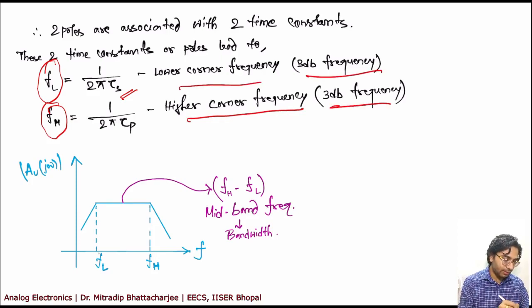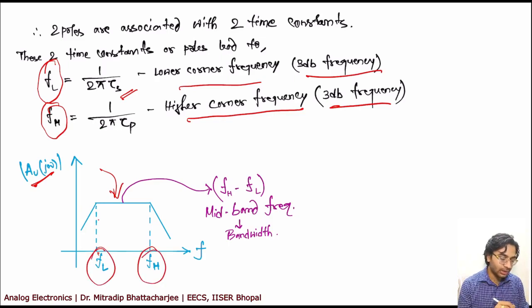Okay, so if you plot it in a graph of gain magnitude versus frequency, you will find a function like this. In this case, you have a constant gain from FL to FH. That means your bandwidth is from FL to FH, so you have a bandwidth of FH minus FL. This is known as mid-band frequency.